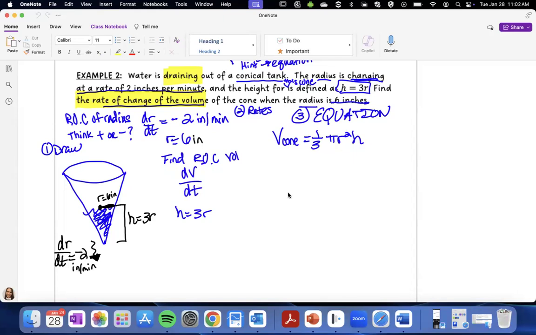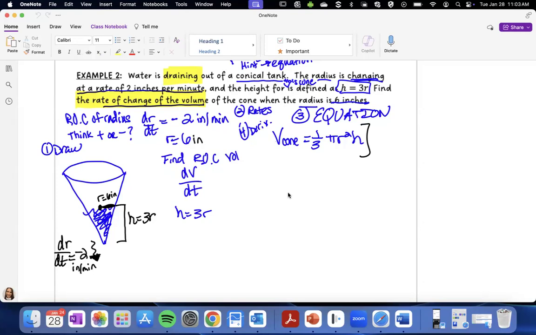DREDS. We differentiate, right? So we're going to take the derivative of volume with respect to time, d over dt of this equation. But, oh, actually, I'm sorry. Wait, before we do, think ahead. Before we derive, we can simplify.